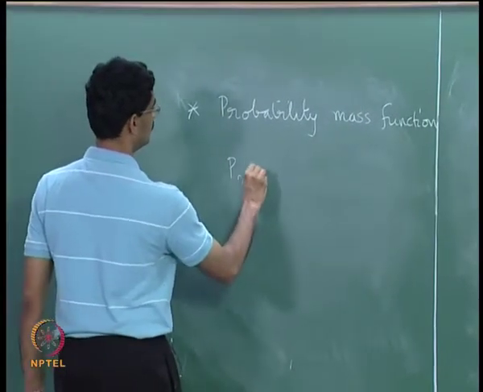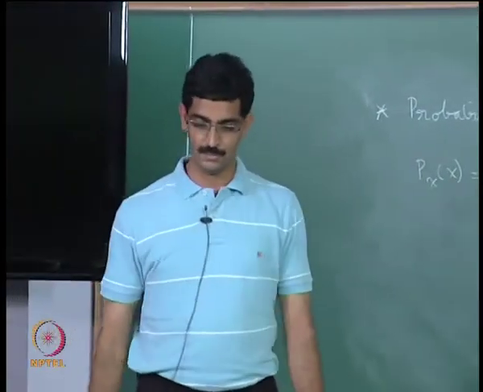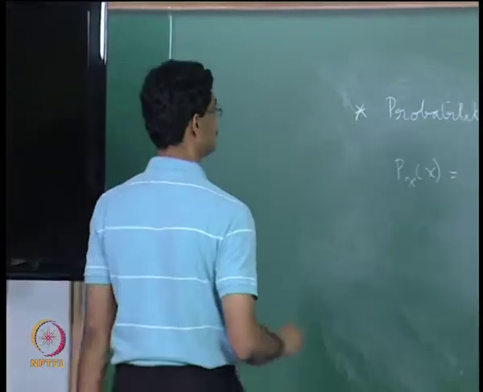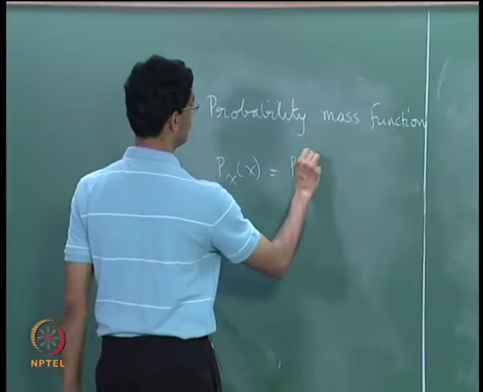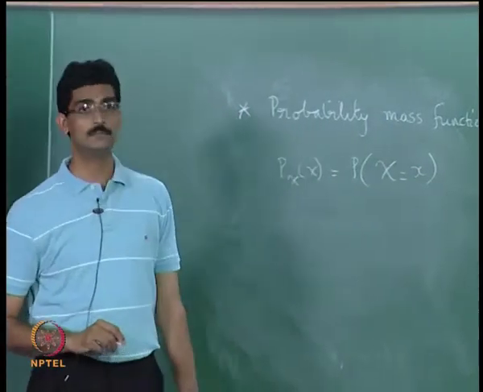Some of these notations are from Trivedi's book, which is a little bit different from here, but for now we will just use this. It is the probability that the variable x takes the value x.